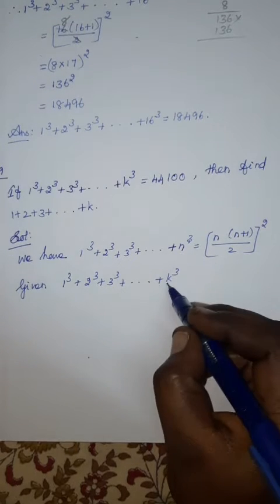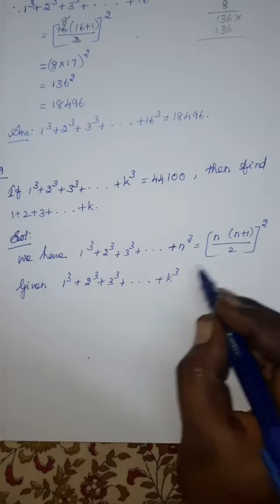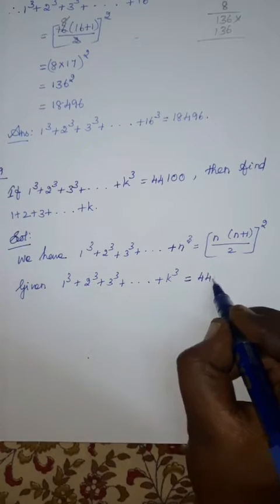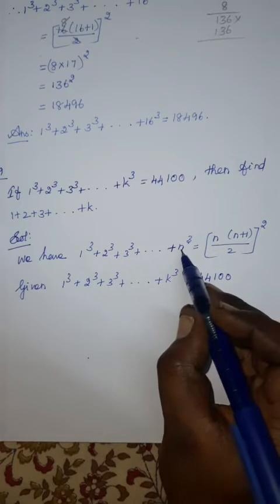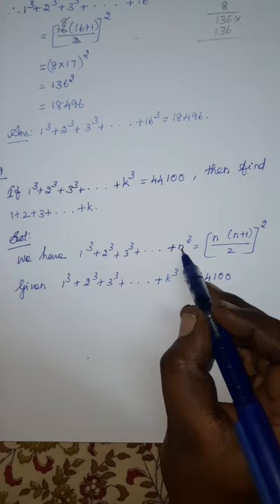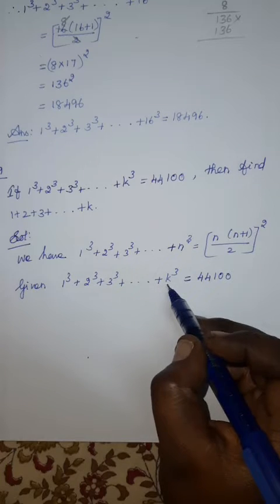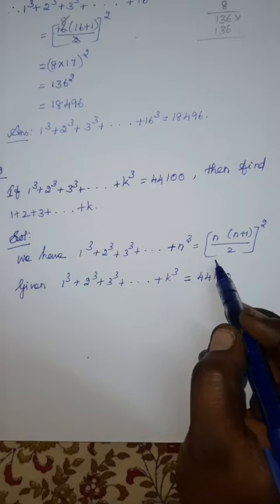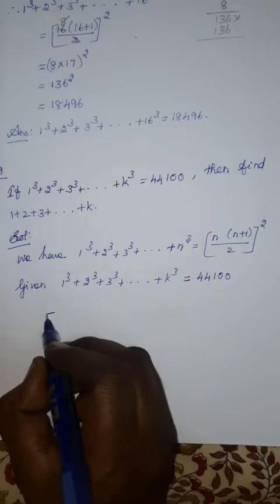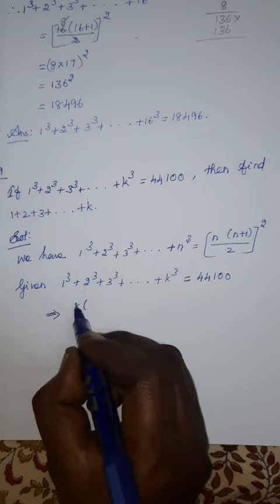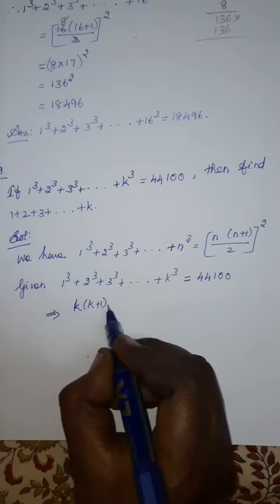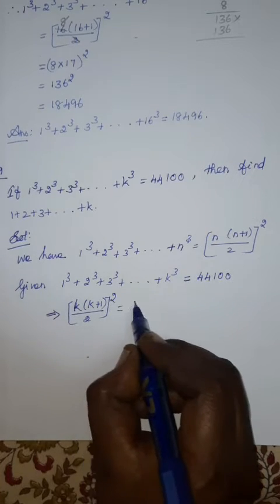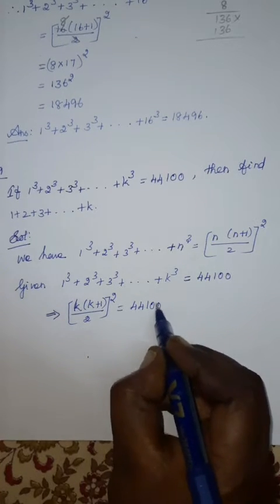Depending on this variable we are writing the formula, but the given value is 44,100. In the formula n cube is the last term, and in the given part k cube is the last term. So in the right side of the formula, replace n by k, which implies k into k plus 1 divided by 2, the whole square, is equal to 44,100.